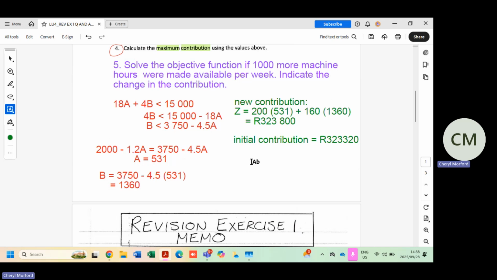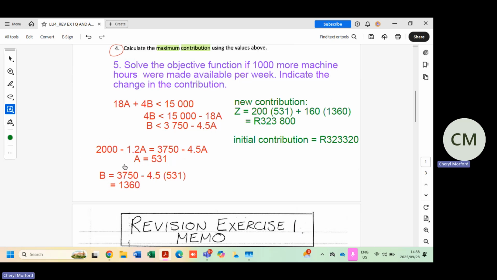It's a little bit out of space. So now what's the last part? Indicate the change in the contribution. So we see here that the contribution has increased because of the greater availability of machine hours. We were able to make a different optimal product mix that resulted in the generation of more profit.